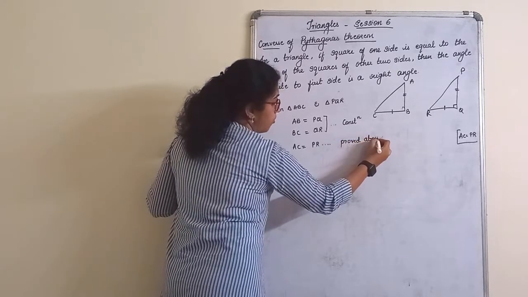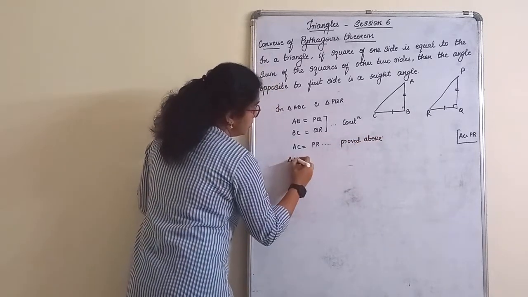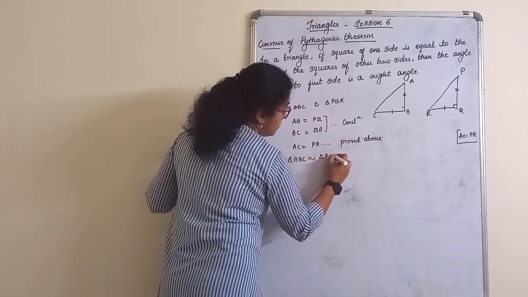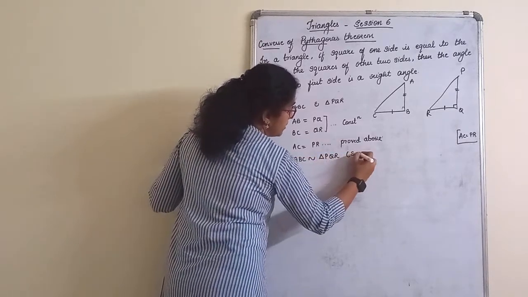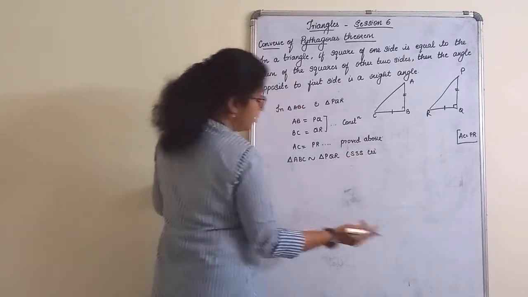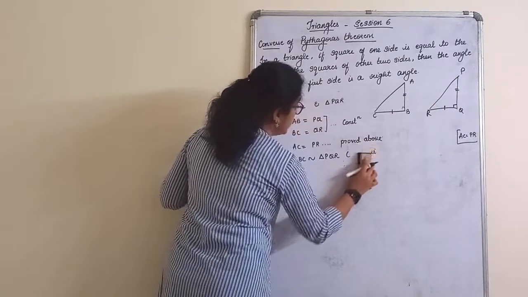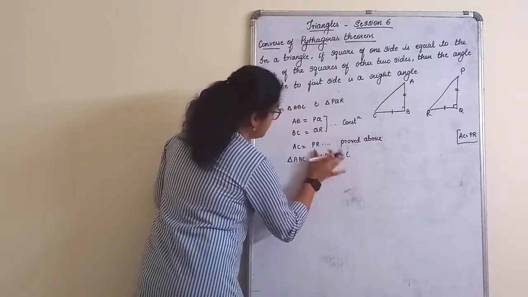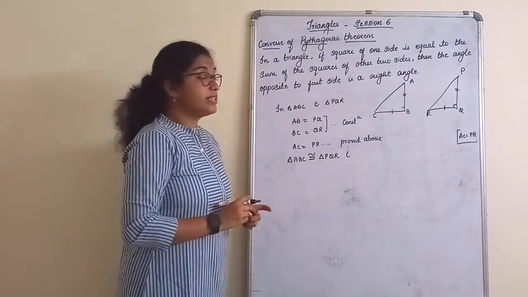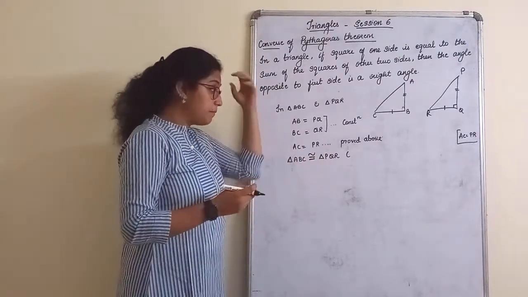So triangle ABC is similar to triangle PQR by triple S criteria. Oh, sorry. Not similar, children, it is equal and congruent to. I have been doing similarity, so I was completely into that.